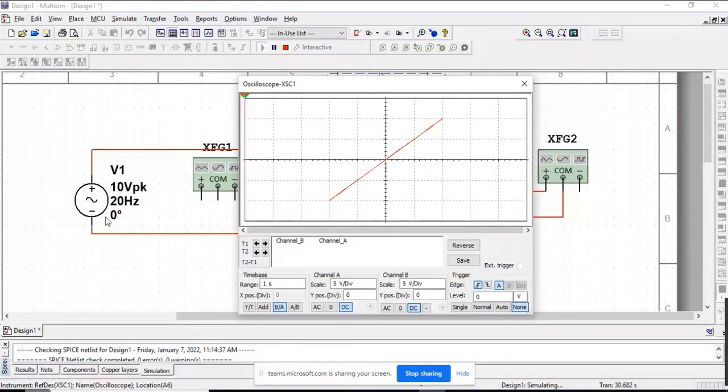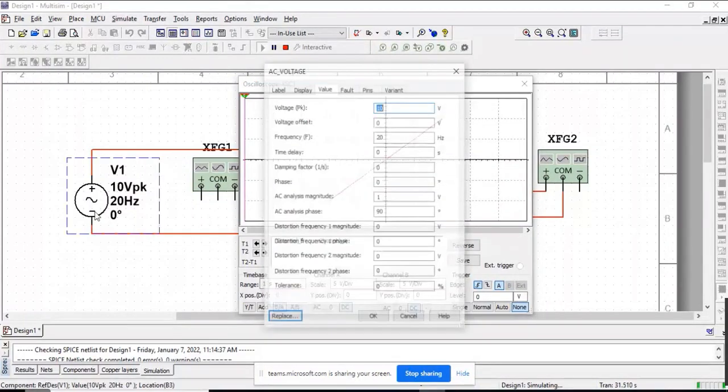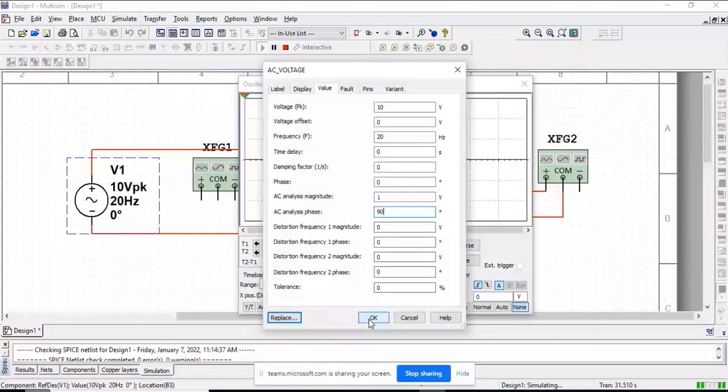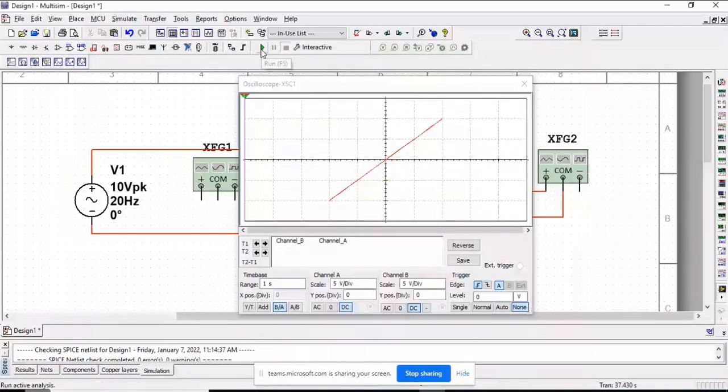Okay, phase difference is 0. So we have to change phase difference. Okay. Stop simulation and again start simulation. Just hold on.